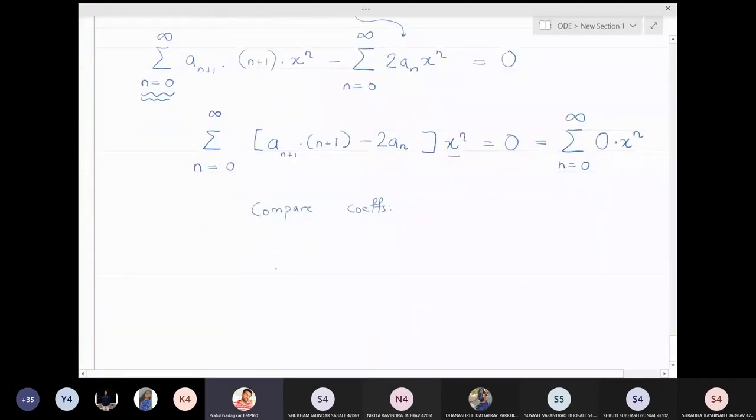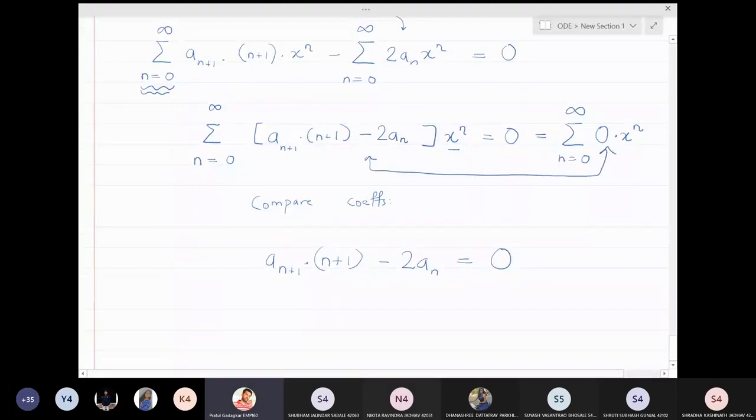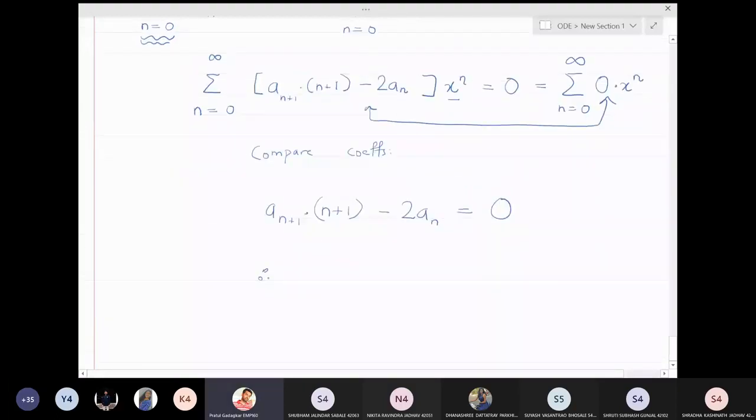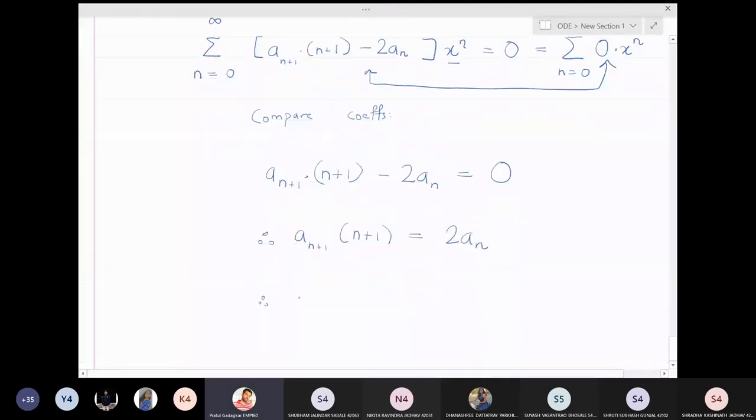I will get a_{n+1} into (n+1) minus 2a_n is equal to 0. And this becomes a_{n+1} into (n+1) is equal to 2a_n, and therefore a_{n+1} is 2a_n upon (n+1).